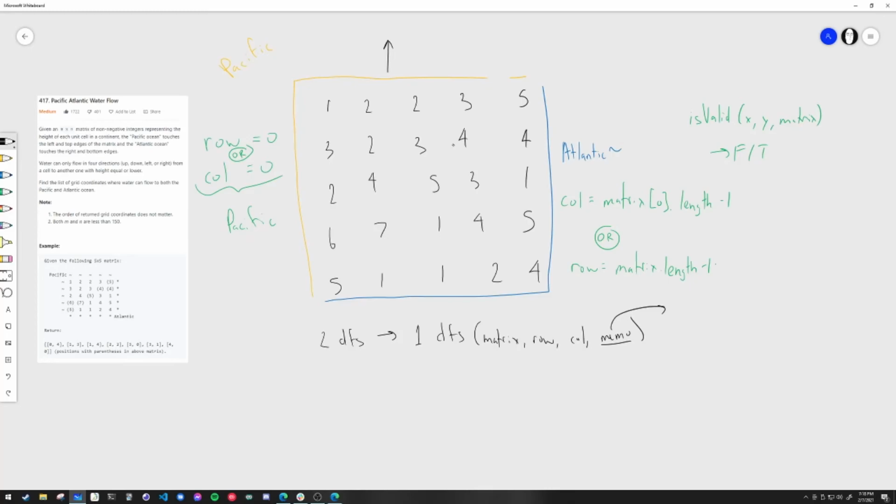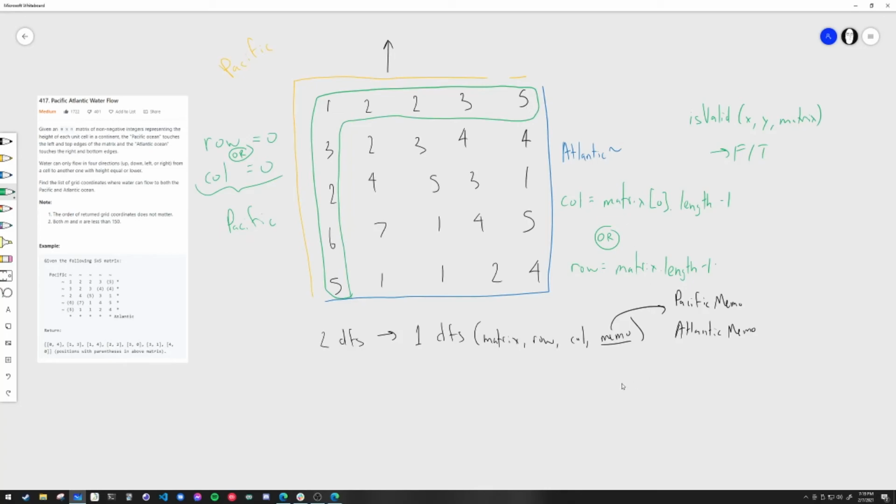For memo, we have two different ones: the Pacific memo and the Atlantic memo. Let's start with the Pacific Ocean. When we're doing the Pacific Ocean, we're going to look at these points only. Let me circle them. So when we're doing the DFS, we're looking at these points only: 5, 6, 2, 3, 1, 2, 2, 3, 5.